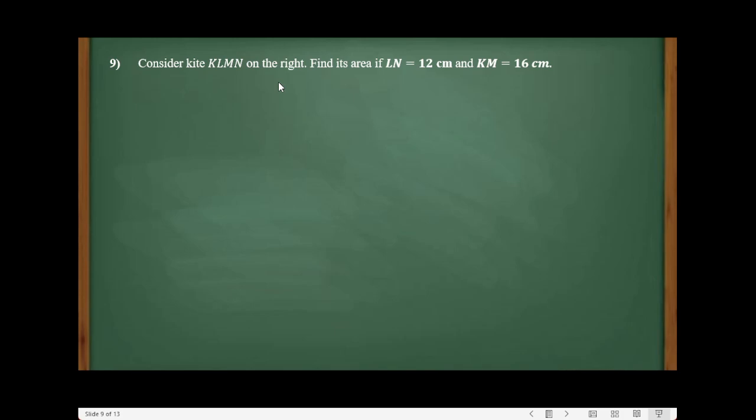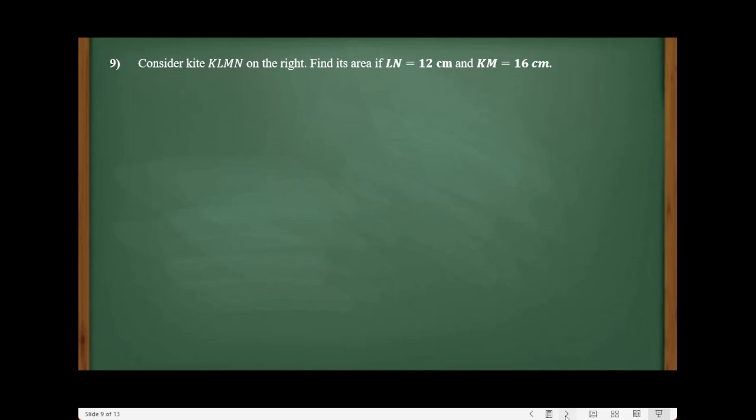Okay? So problem number 9 is asking for the area of this kite if, obviously, this is a diagonal whose length is 12 and the other diagonal has a length of 16. And they are both in centimeters.